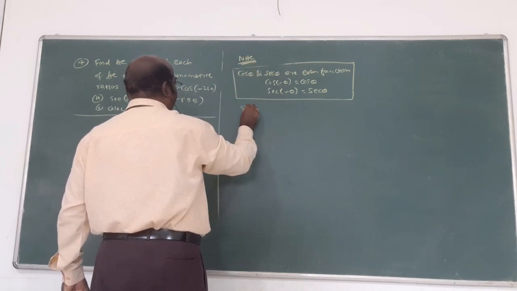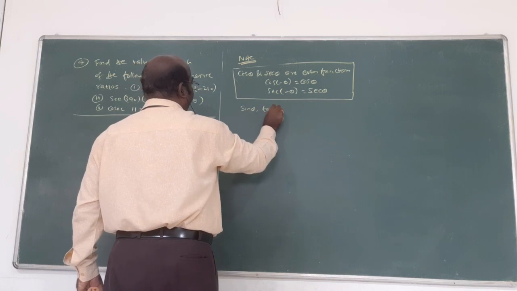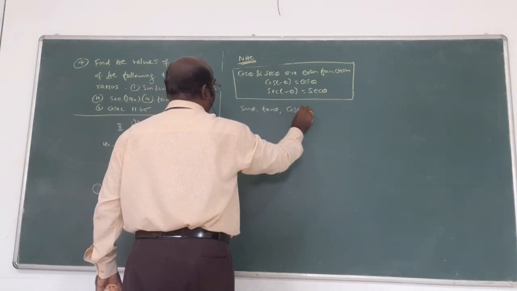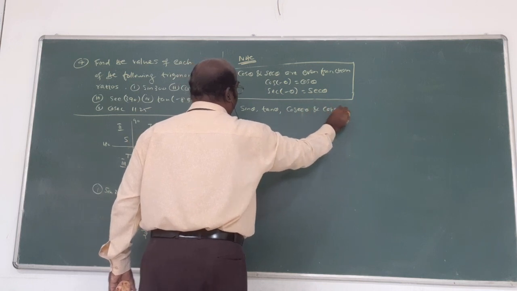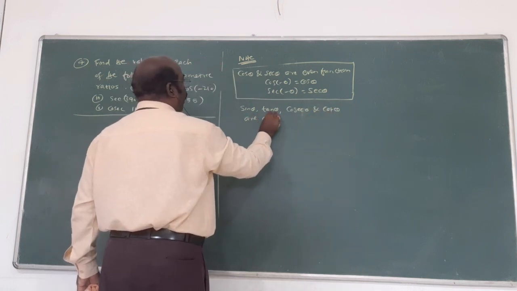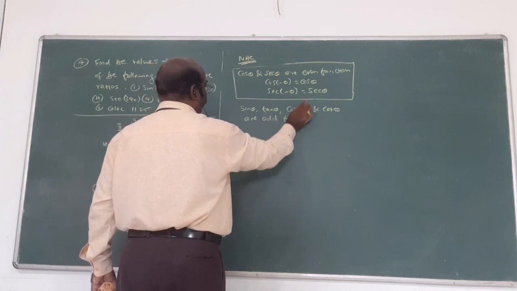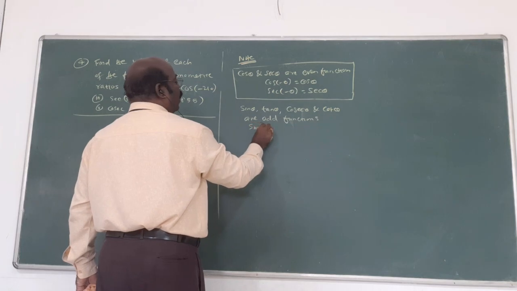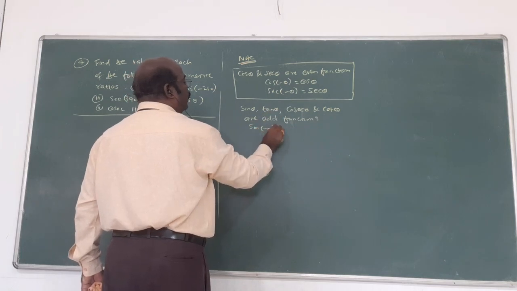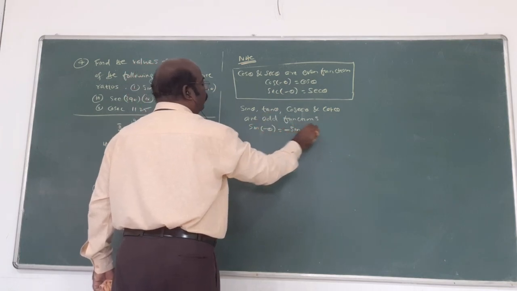And the remaining, sine, tan, cosecant, and cot, are odd functions. Odd function, what's the formula? Sine of minus theta equals minus sine theta.